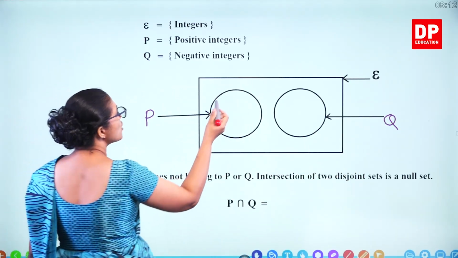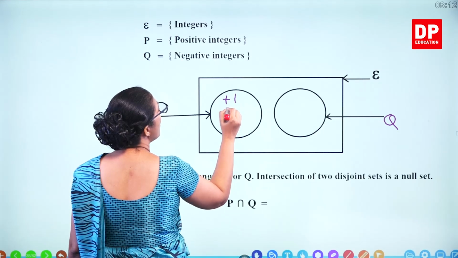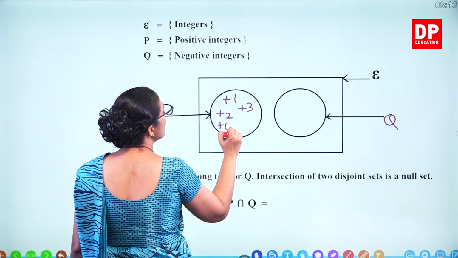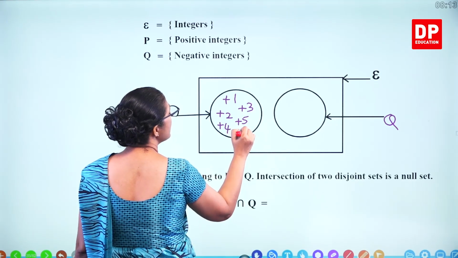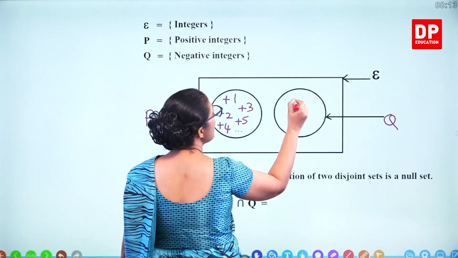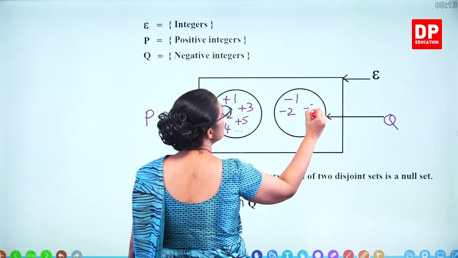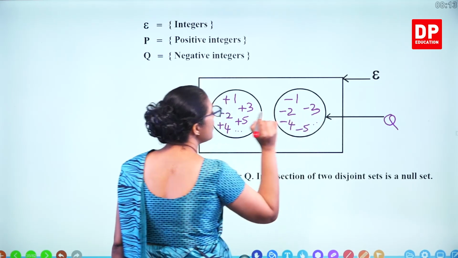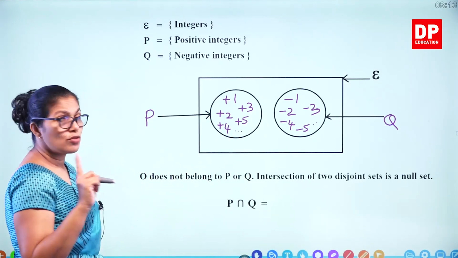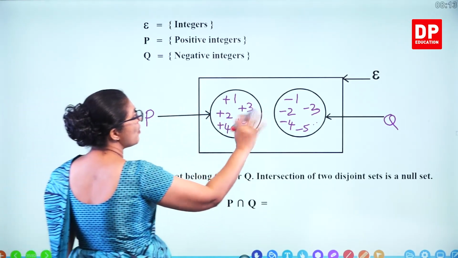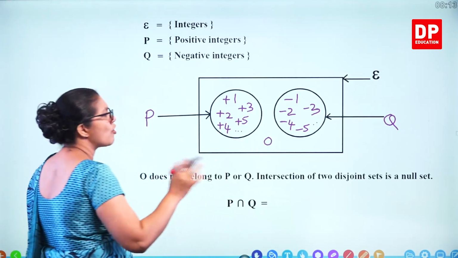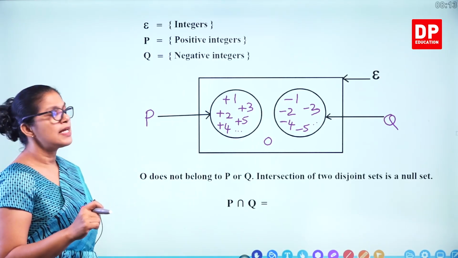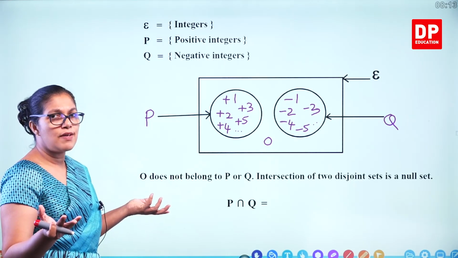P is 1, 2, 3, 4, 5, and there's no end. Q is negative ones: -1, -2, -3, -4, -5, and there's no end to that. So 0 does not belong to any set.